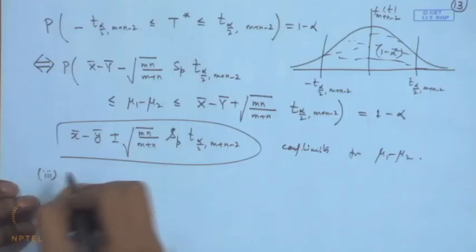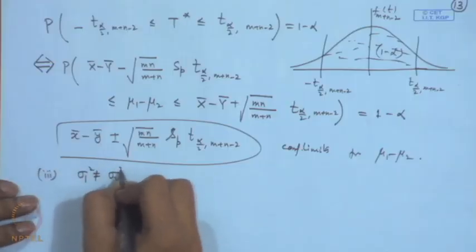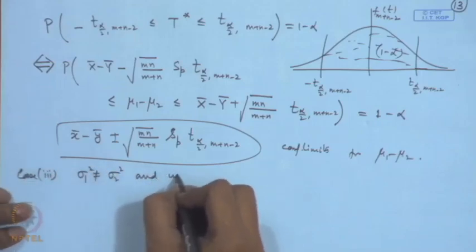So, an approximate procedure is obtained using an approximate t distribution, and that is sigma 1 square is not equal to sigma 2 square. This is the case 3 and unknown.